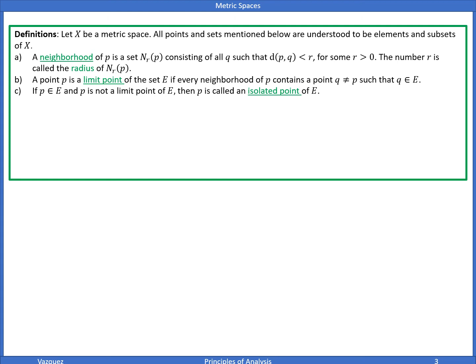Also, if P is in E and P is not a limit point of E, then P is an isolated point of E. With these, you can try to come up with an example, like a set of integers. Those are all isolated points. Why? Because none of the integers are limit points of E, so they're all isolated points.